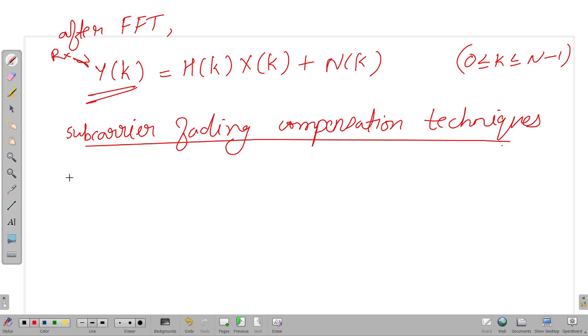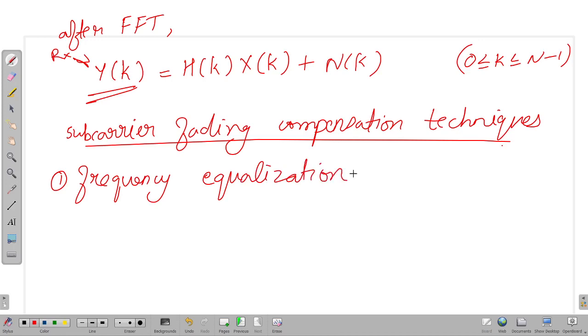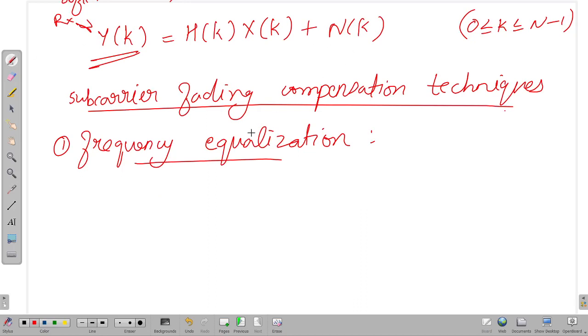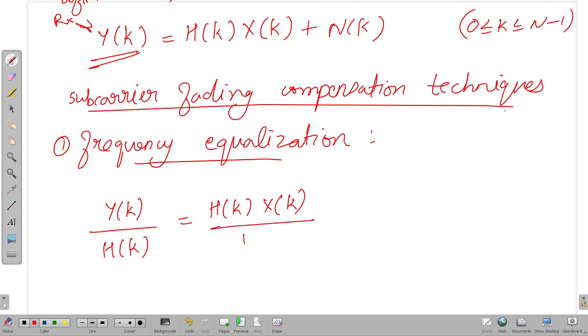One of the methods you can have is frequency equalization. This signal is in the frequency domain. You can easily equalize this just by dividing by h of k. So y of k divided by h of k equals h of k into x of k divided by h of k plus n of k divided by h of k.